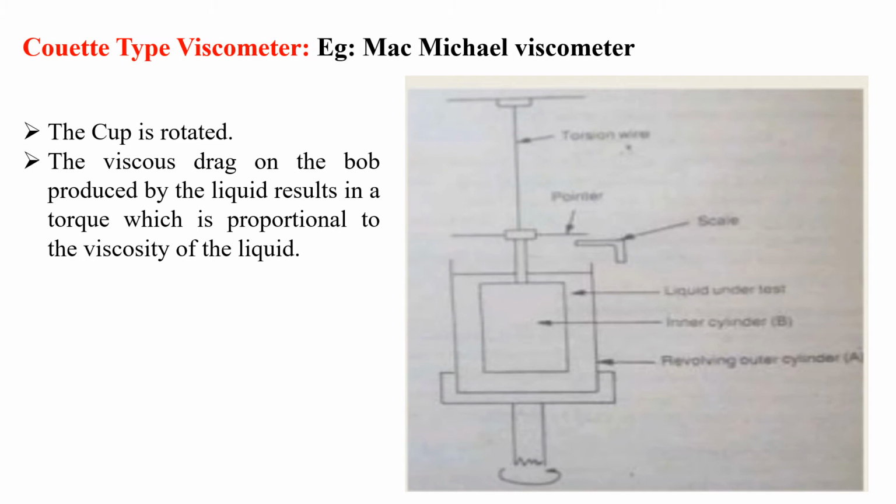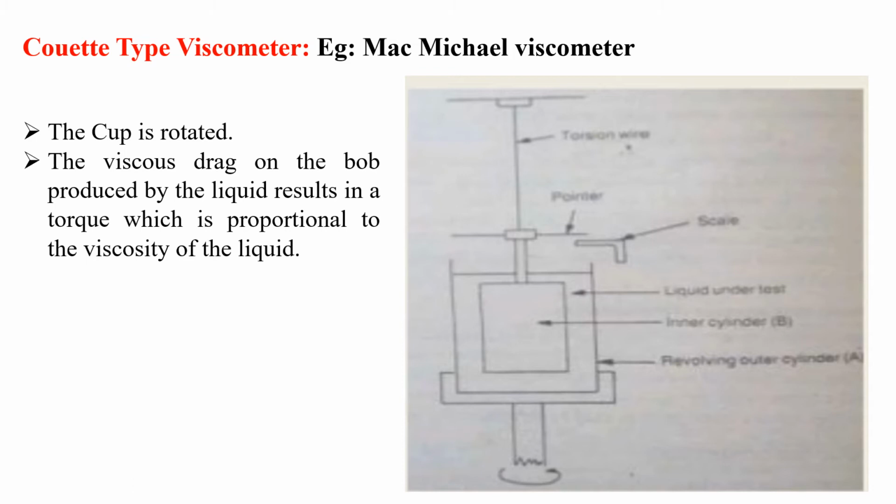First, we'll look at the Couette type, where the cup is rotated. Now here you are seeing a working principle diagram of a Couette type viscometer where the cup is rotated.